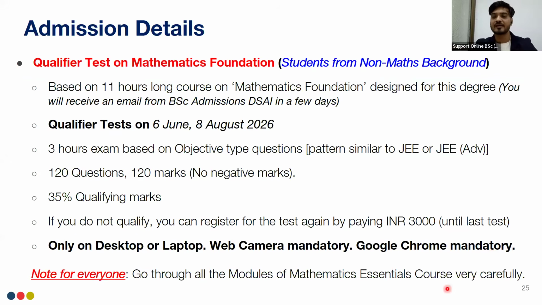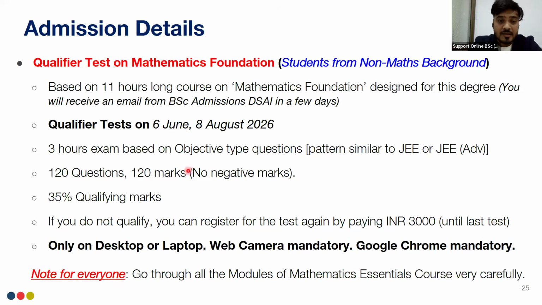Coming to the non-maths background students, if some of you are here, you might have already enrolled in the mathematics essential course. To make you more accustomed and to build your fundamentals in mathematics, we have additionally incorporated other topics apart from the course topics floated in the mathematics essential course.